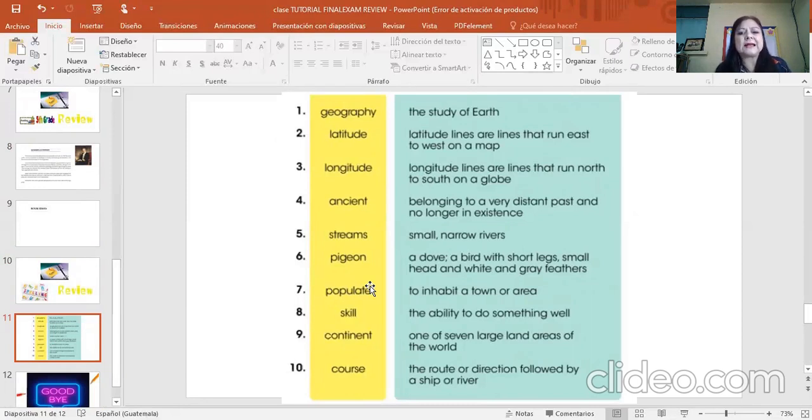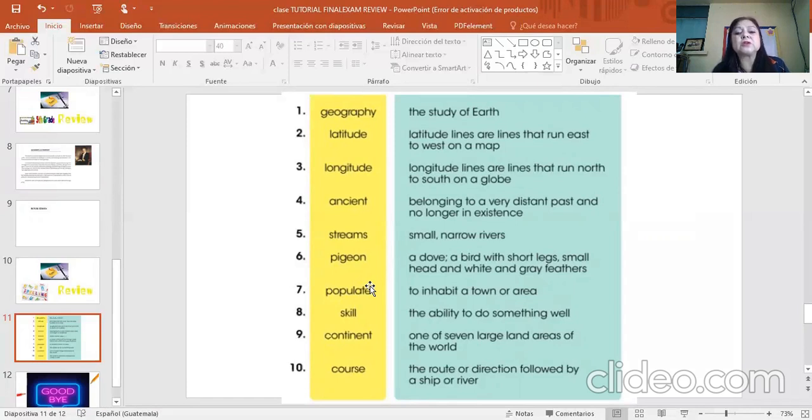Latitude, the lines that we were watching in the book, the lines that run from east to west on a map. The longitude lines are lines that run north to south on a globe. Ancient, belonging to a very distant past and no longer in existence. Streams, small narrow rivers.